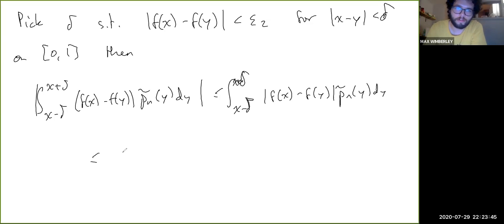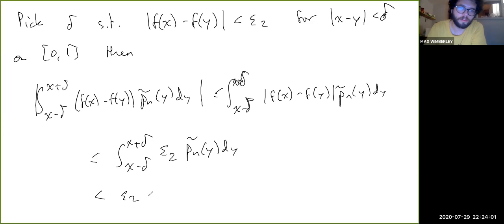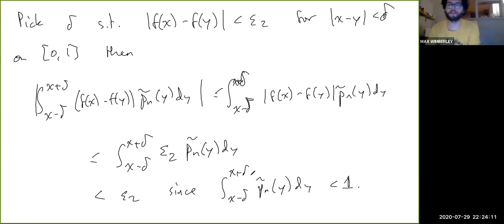This is less than or equal to the integral from x minus delta to x plus delta of just epsilon 2 times Pn tilde of y dy, which is less than epsilon 2, since the integral from x minus delta to x plus delta of Pn tilde of y dy is less than 1. And this is less than 1 because Pn tilde is supposed to be a probability distribution, okay?